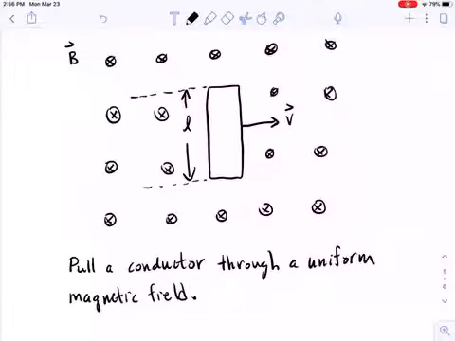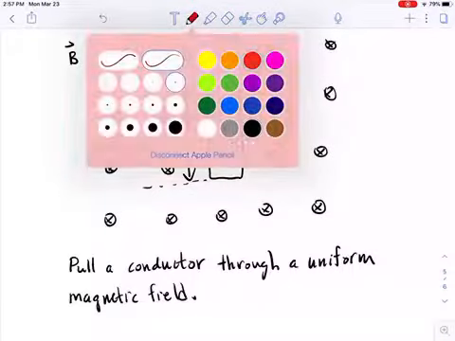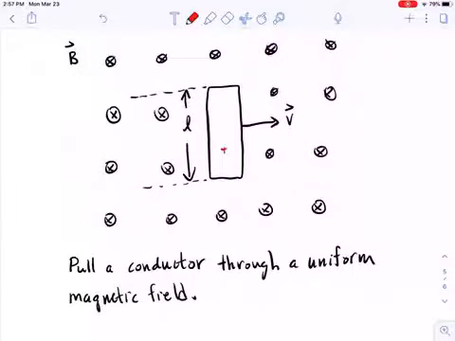We're going to analyze this a lot like we analyzed the Hall effect in the previous video. What we'll do is imagine that we have some positive charge Q. Let me draw my positive charge as a red positive charge.